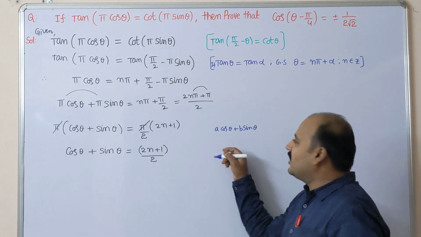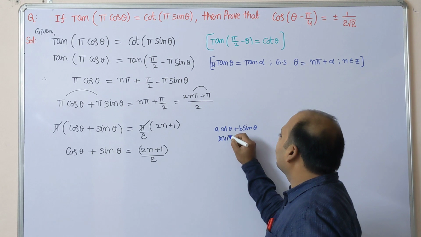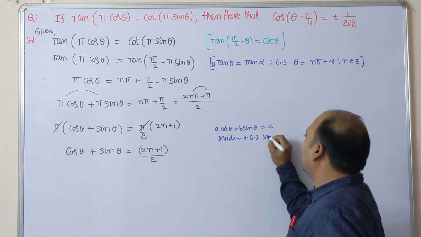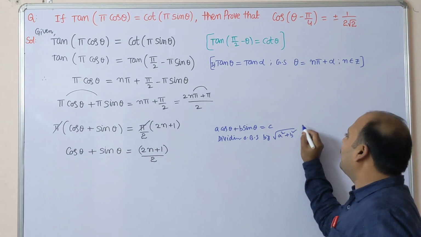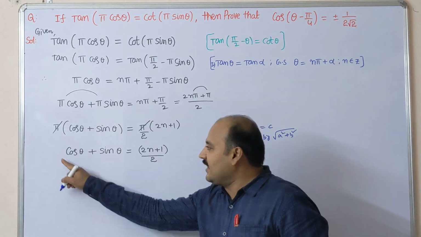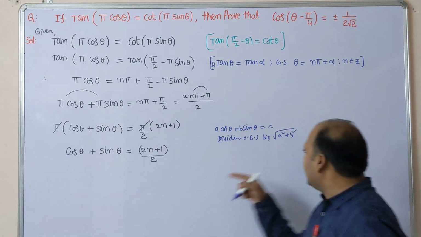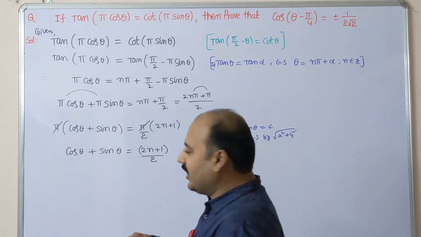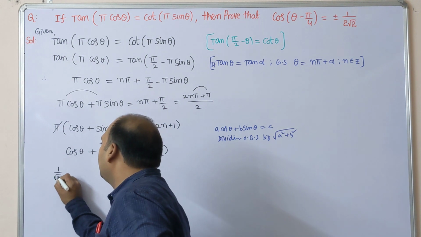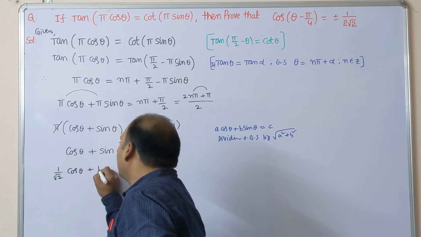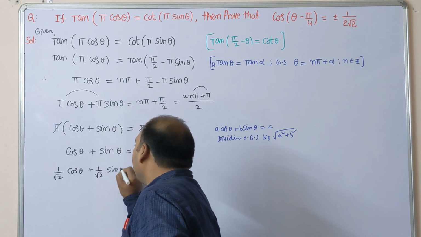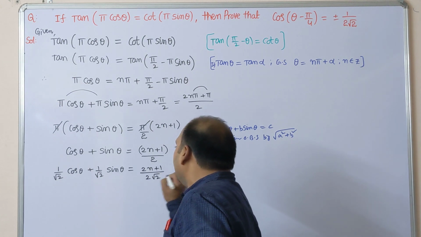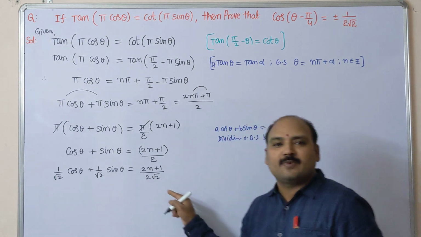To solve these types of equations, divide on both sides by root over a square plus b square. So root of 1 square plus 1 square, dividing on both sides by root 2. So 1 by root 2 cos theta plus 1 by root 2 sin theta is equal to 2n plus 1 divided by 2 root 2. I hope you understand why we are dividing on both sides by root 2.